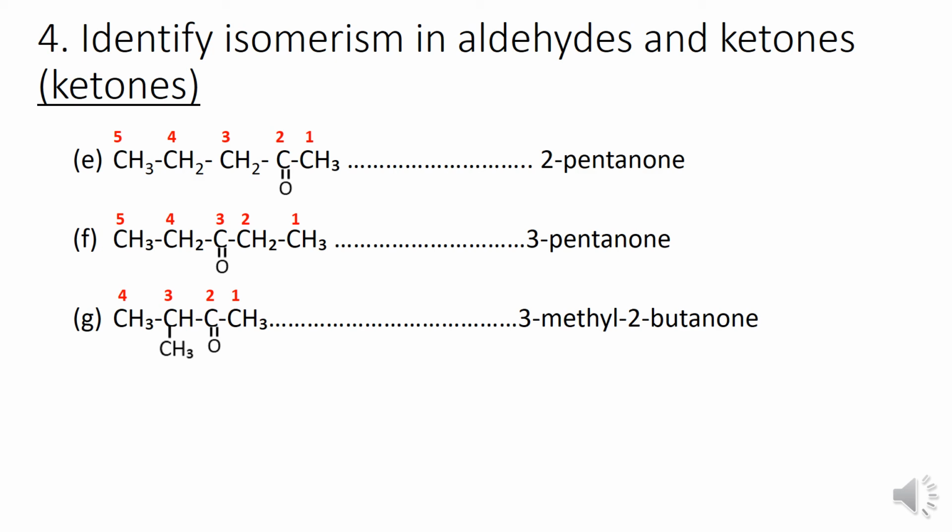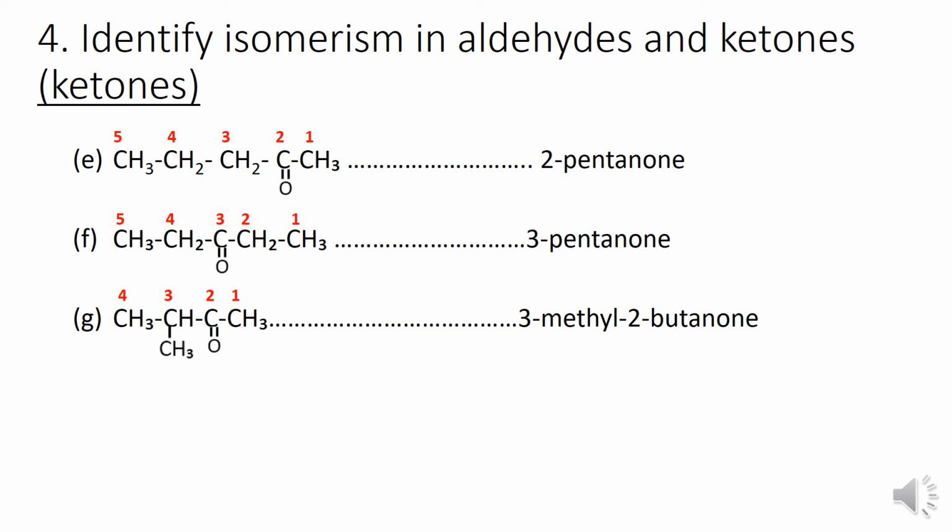Okay, now part G, or isomer G, we have to reduce the main chain. Instead of 5 we put 4. The carbonyl group is on the second carbon, and we have a branch on the third carbon. Do you think that we can have a branch on the fourth carbon as an alkyl radical?